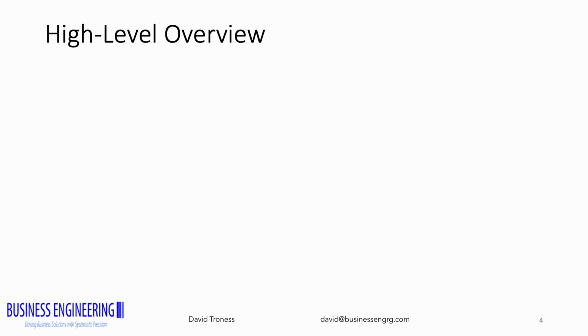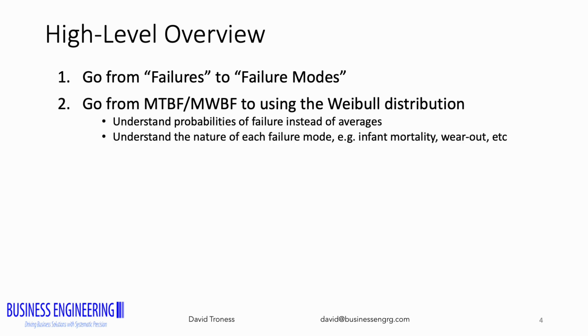So a high-level overview of this process would be we need to go from failures to failure modes, the ways in which something fails. We go from MTBF, or mean wafers between failure, to using something like the Weibull distribution to understand probabilities of failure instead of averages.